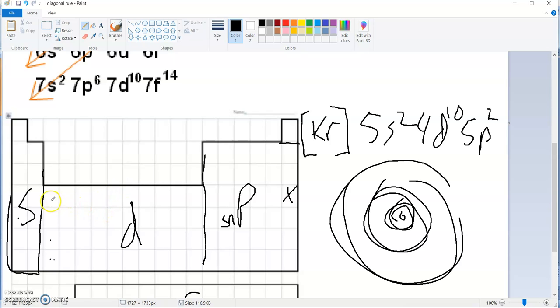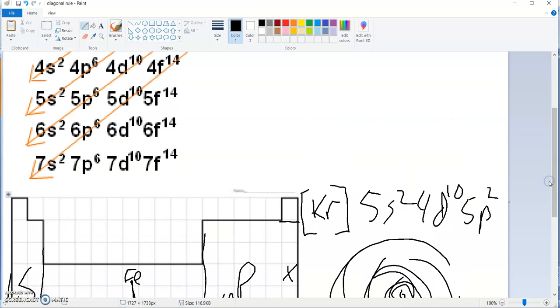Let's do iron. 1, 2, 3. Iron is right here. So what noble gas comes before iron? This one right here, which is helium, neon, argon, right? So it's the argon core. I'm going to scroll up so I can do this.